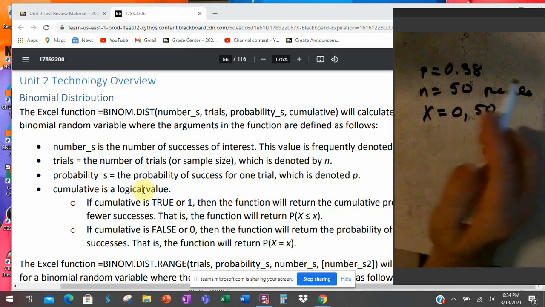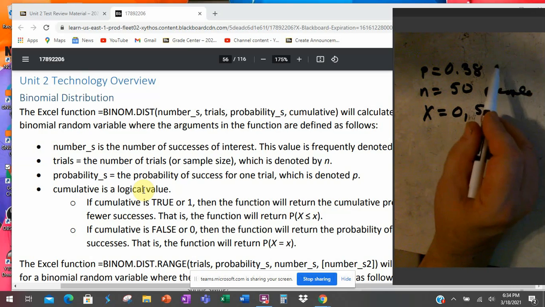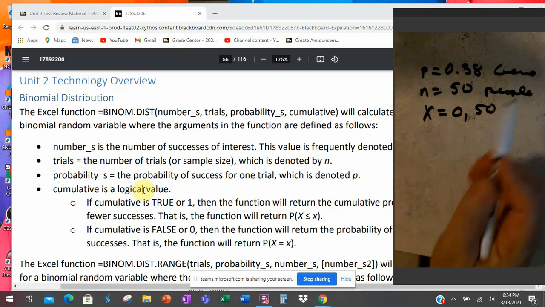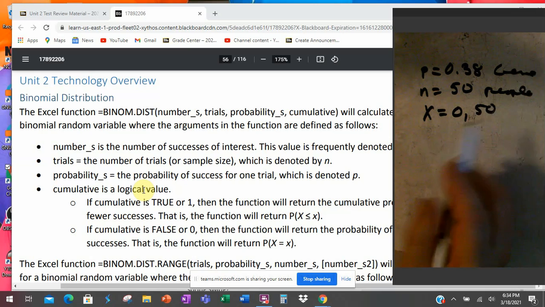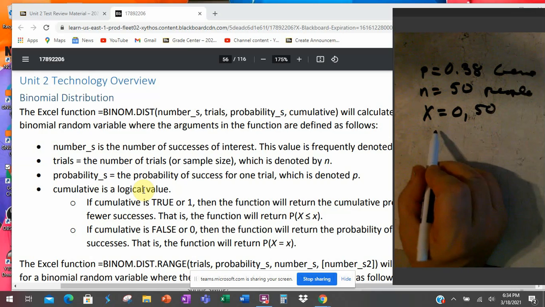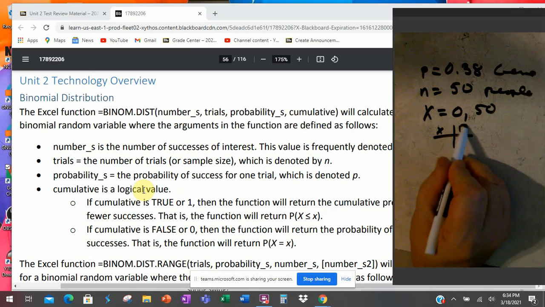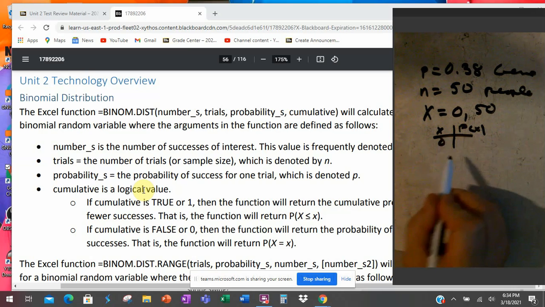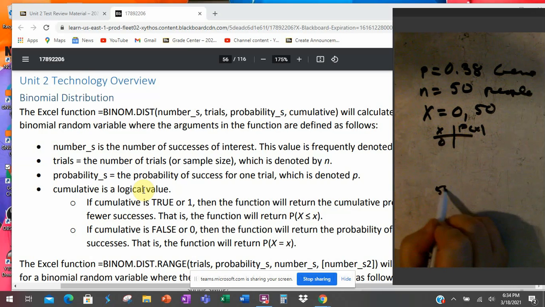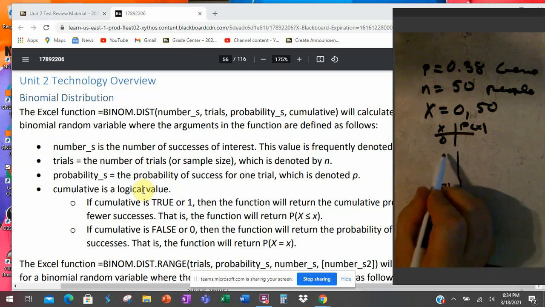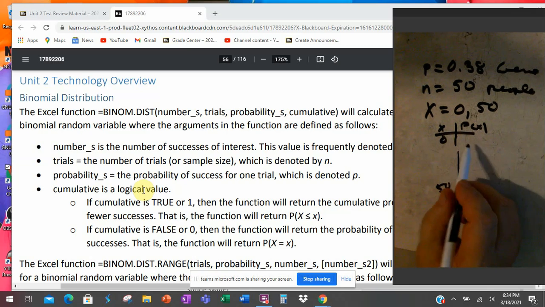Success being a euphemism. Maybe 30% carry a specific gene, and if you grabbed 50 people, what would be the probability of none all the way up to all of them? This goes from 0, 1, all the way through, okay?